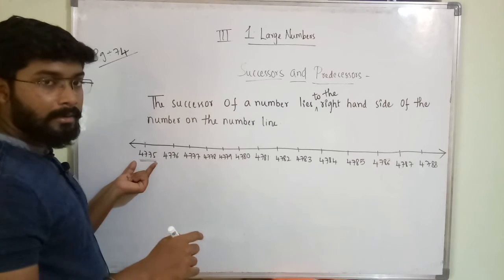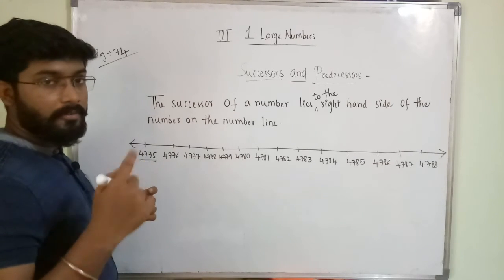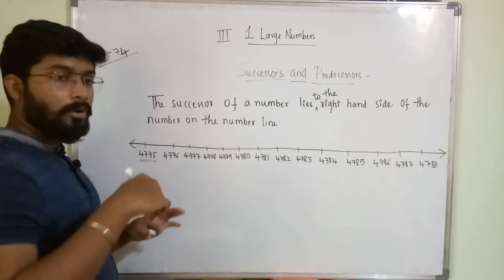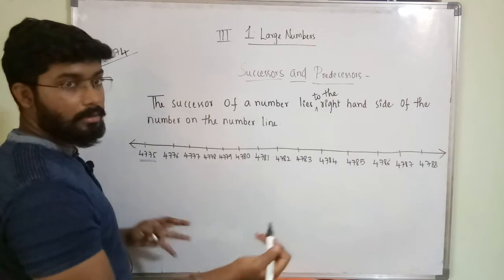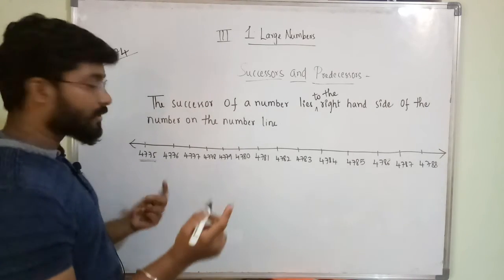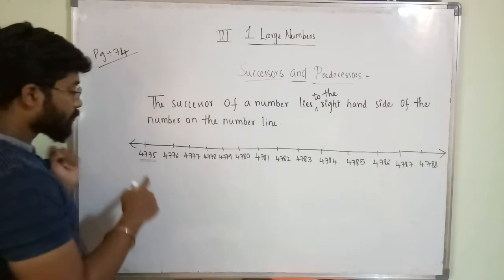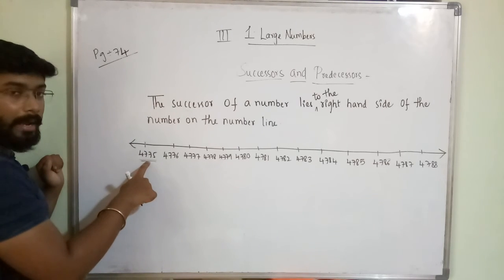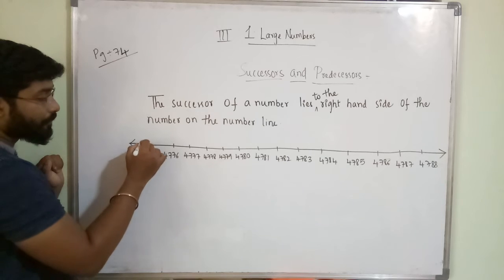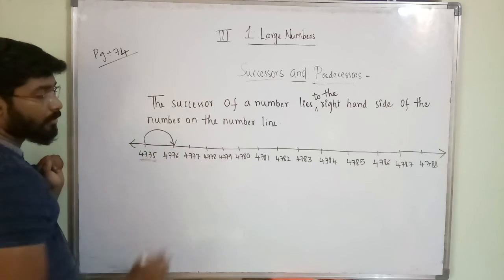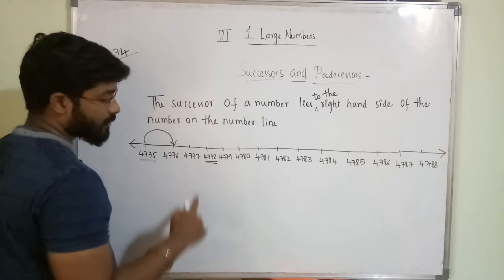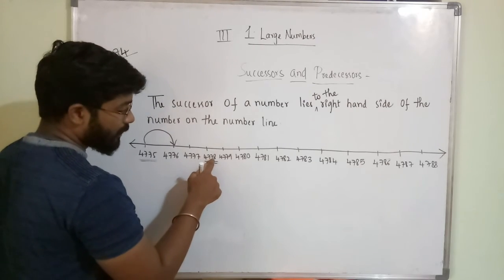If you want the successor, what you have to do is plus 1. If you know what the successor is, you can say the number directly. If you don't understand, you have to do plus 1. So for 4775, I want the successor, so I am doing plus 1. I will get this number, no? So next, I want the successor of 4778.